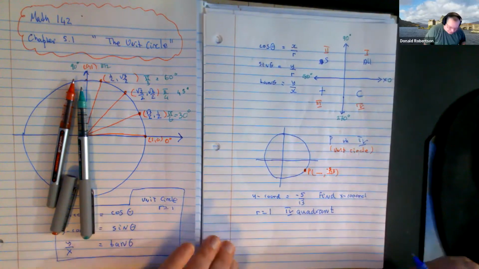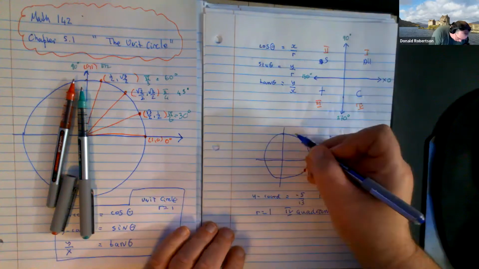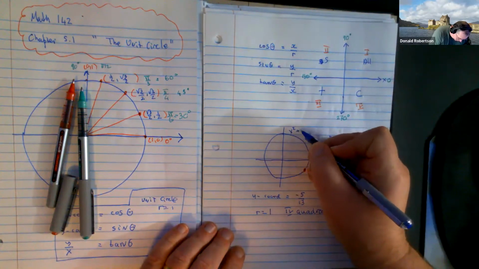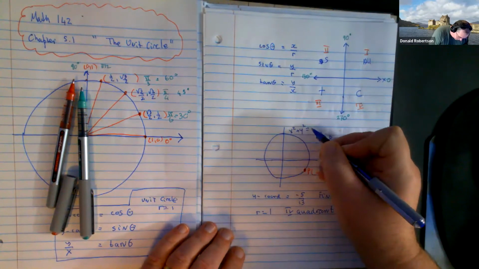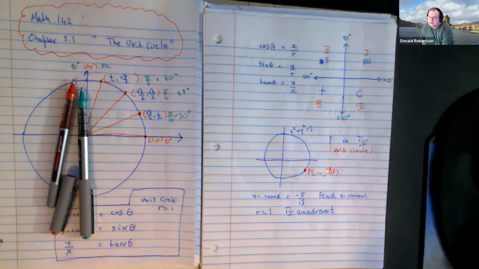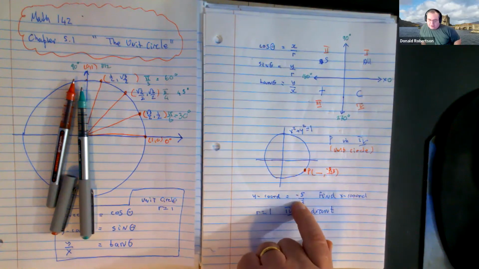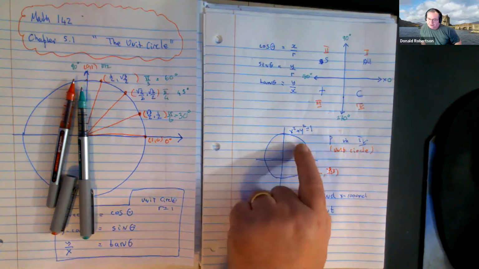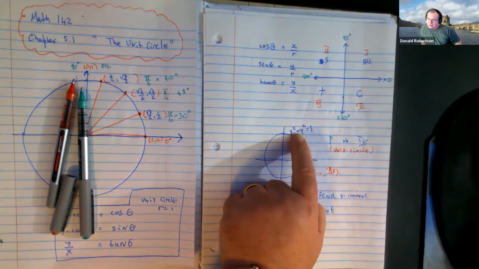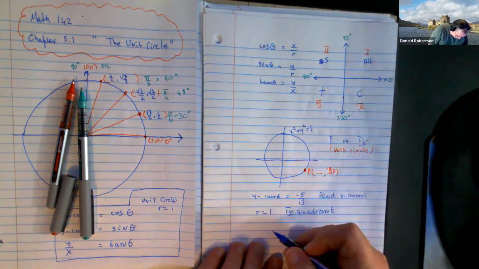Now, since this is a unit circle, won't this circle be x squared plus y squared equals 1? Would you agree? Isn't that the equation of a unit circle? Now, if I tell you the y coordinate, shouldn't I be able to find the x coordinate by using this equation? So we'll see how that works.